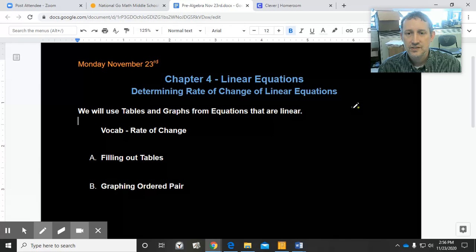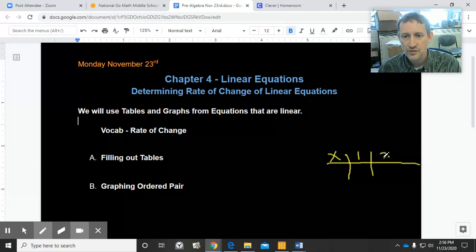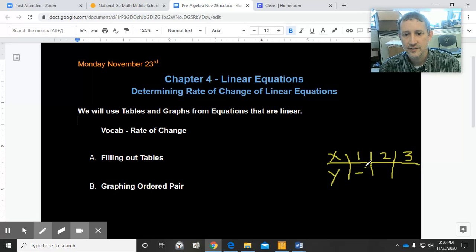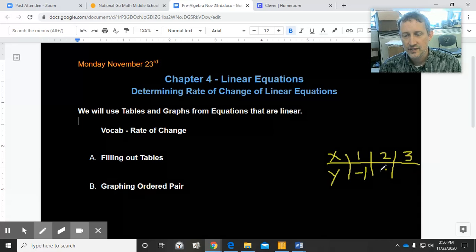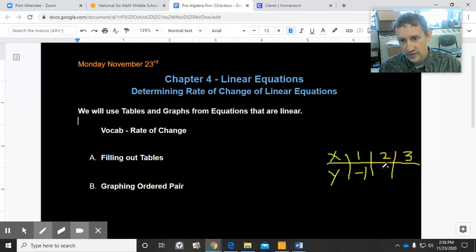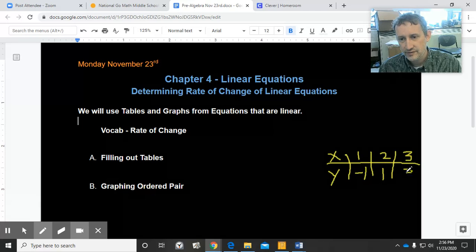If I have a set of ordered pairs, x and y, and they're related, let's say my x's are 1, 2, 3, and so on, and the y's are -1, 1, and 3.